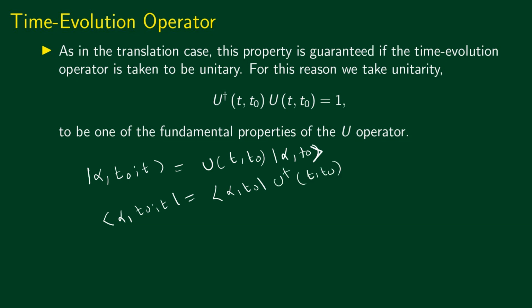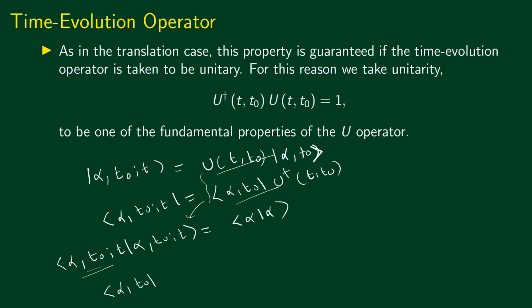Now, if we demand that bracket alpha comma T0 at time T, alpha comma T0 at time T is equal to bracket alpha alpha, this means that we can just substitute these two in here, because bra alpha comma T0 at time T is written as bra alpha comma T0 U dagger, and ket alpha comma T0 at time T is written as U acting on ket alpha comma T0.